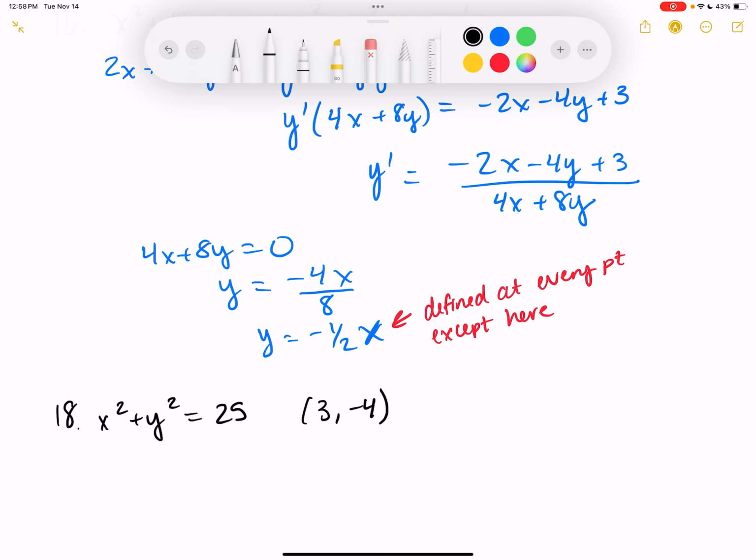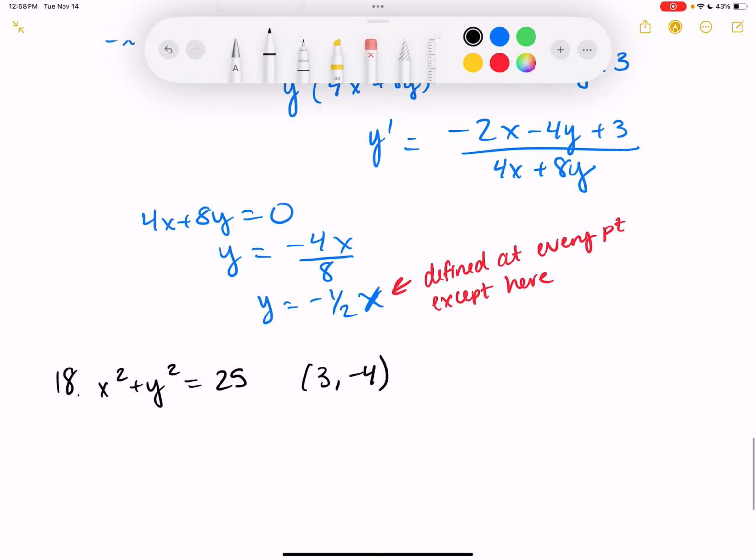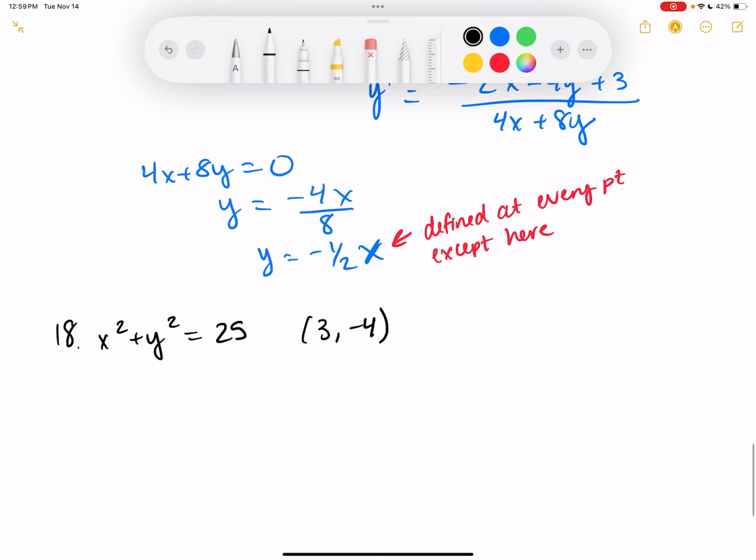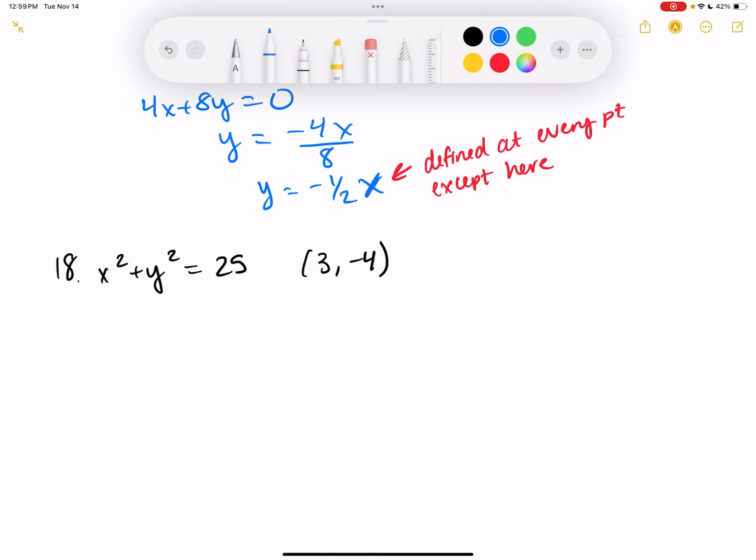A circle. Then it gives me the point 3, negative 4, where I'm going to be evaluating this. I'm trying to find the tangent and the normal. So what is the first thing I need to do? Derivative, and then get y prime by itself, so that I can find the slope.